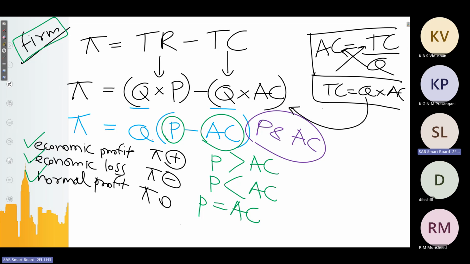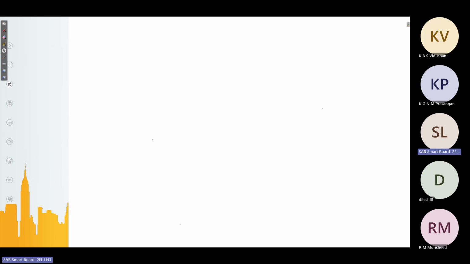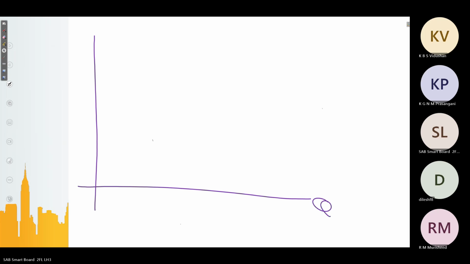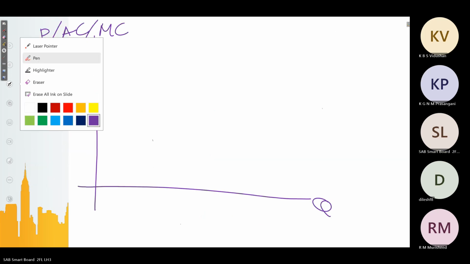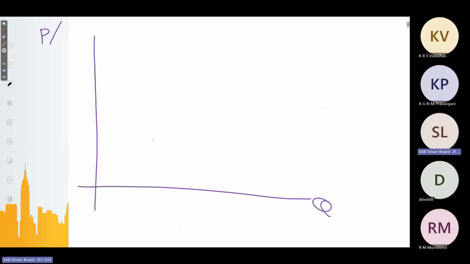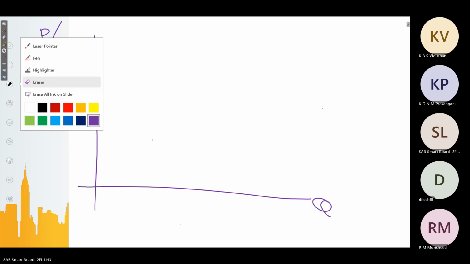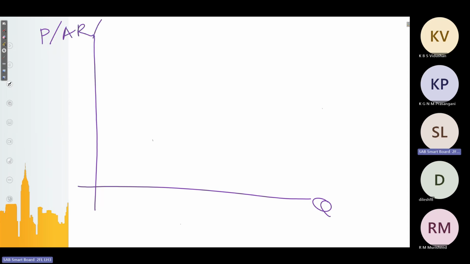So let's go to the graphical representation of these three situations separately. So I draw price, average revenue, marginal revenue, average cost, and marginal cost, all in one diagram.